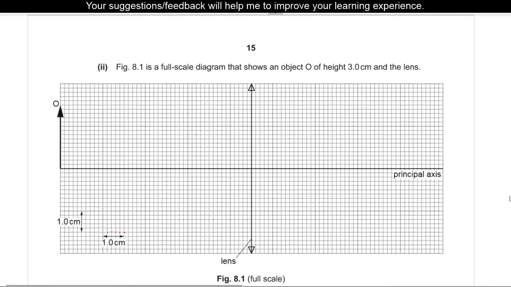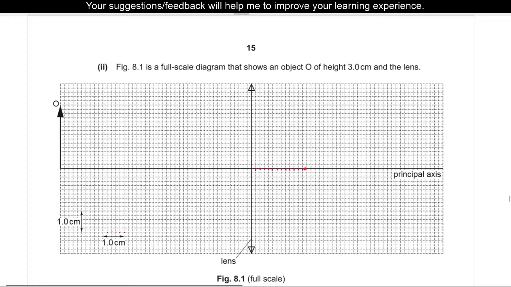So for 2.5 centimeter we will need 5 and 5 is 10 and 12.5 boxes. So let's count them: 1 2 3 4 5 6 7 8 9 10 11 12. This will be the focal point.